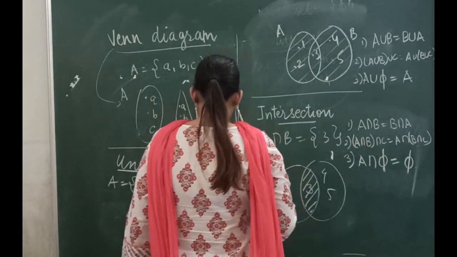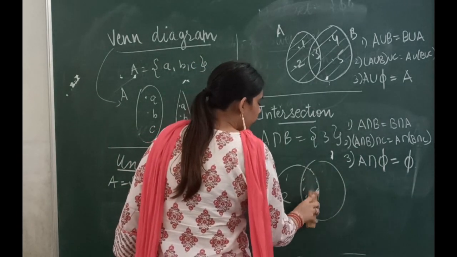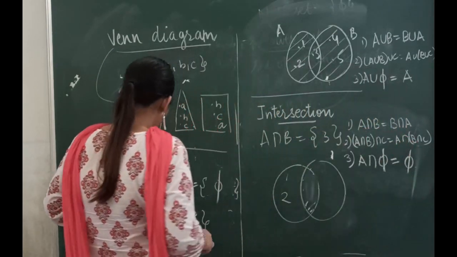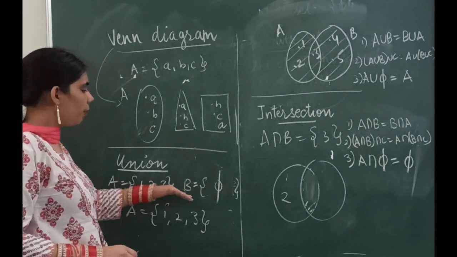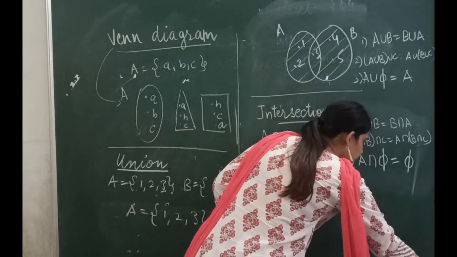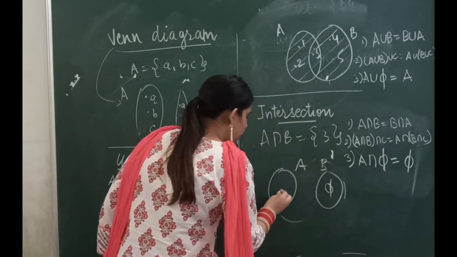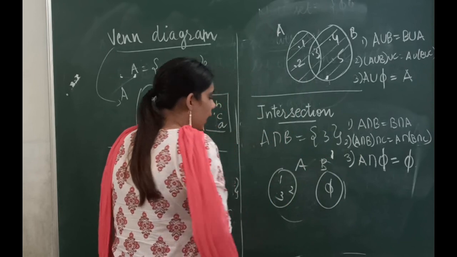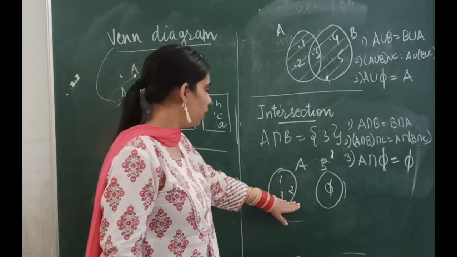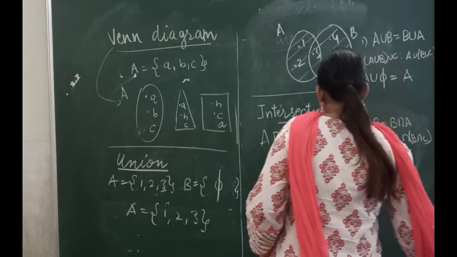If I say that A set is this, B set is this, A और B में तो कोई common element है ही नहीं, so they will look like this. B is null, this is 1, 2, 3. A और B में तो कोई common element है ही नहीं, therefore the answer will be the null set.